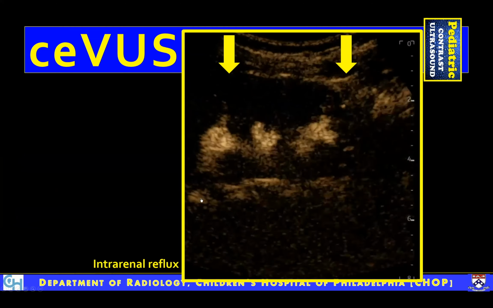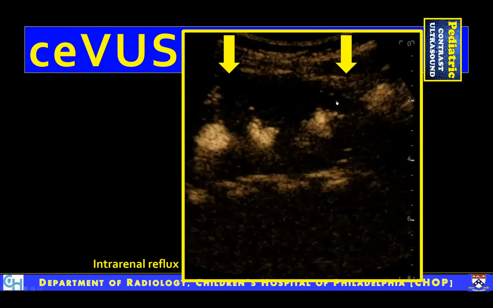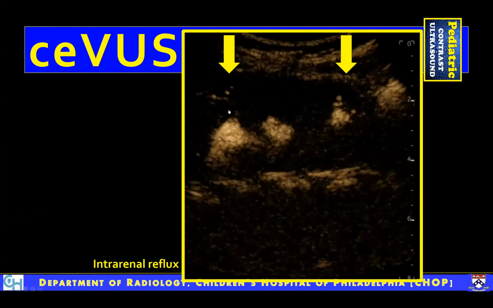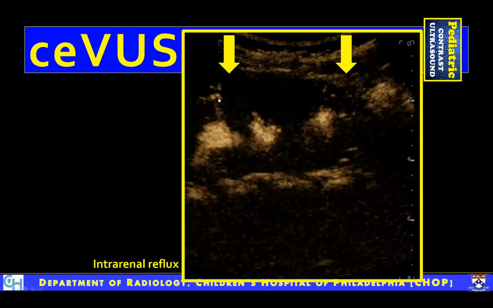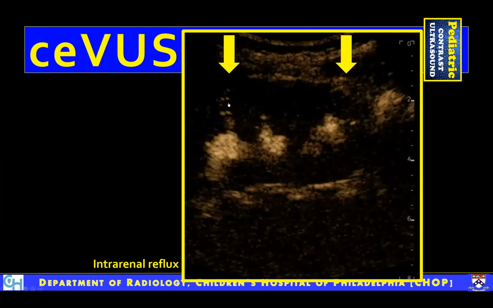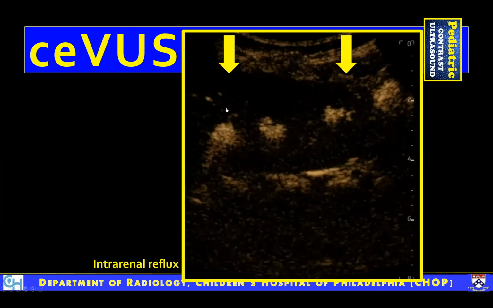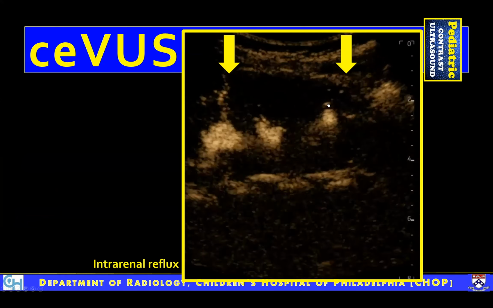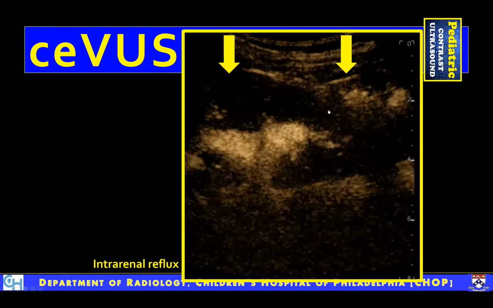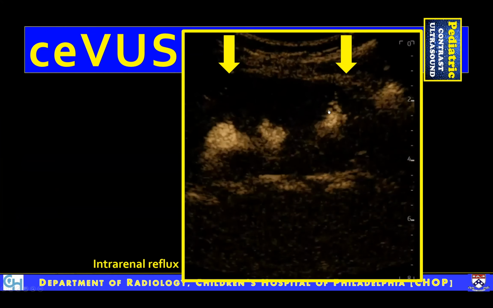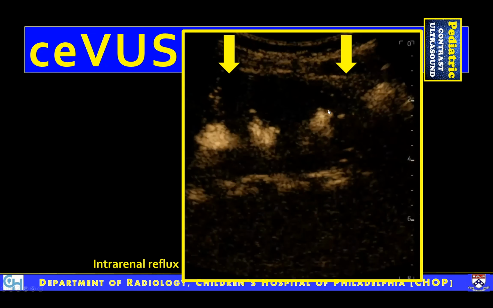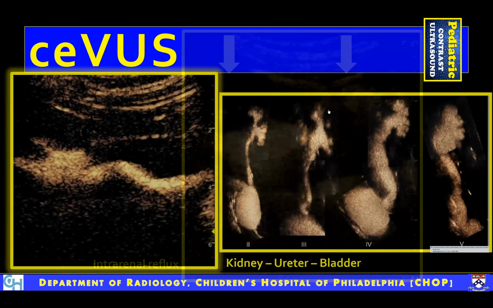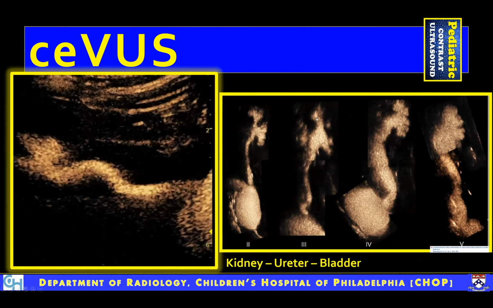In addition, the detail that you can see with contrast-enhanced voiding urosonography is just amazing. Look, the tiny bubbles going into the parenchymal part of the kidney from the calyces. This is intrarenal reflux. And this detail, you're able to see it on contrast ultrasound and less frequently on voiding cystourethrography.